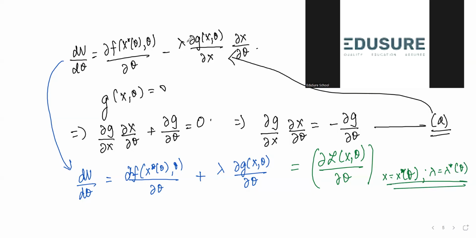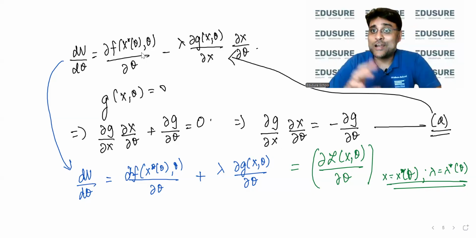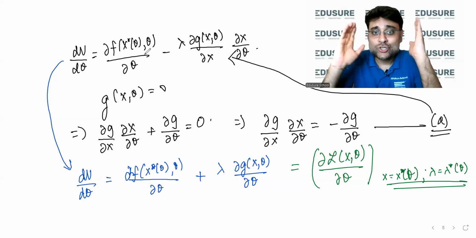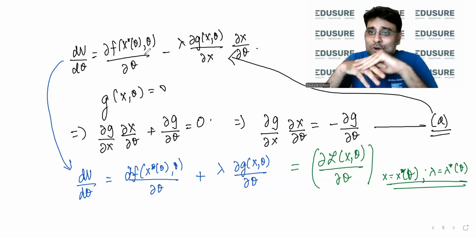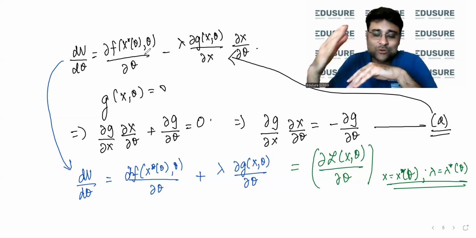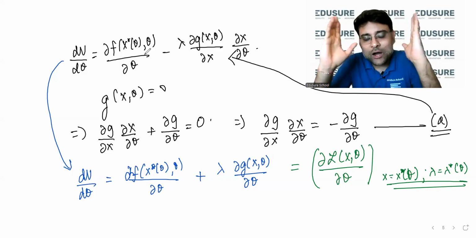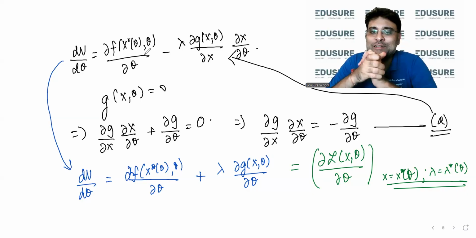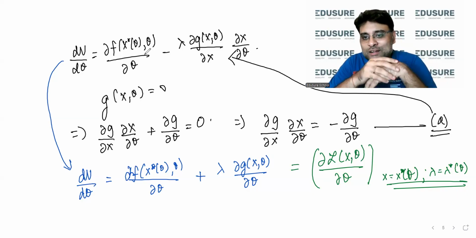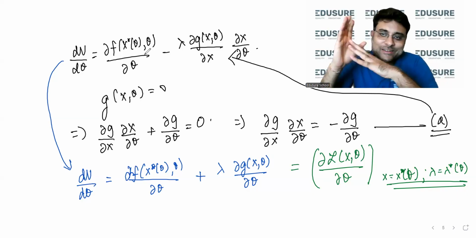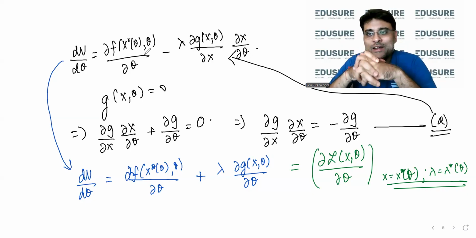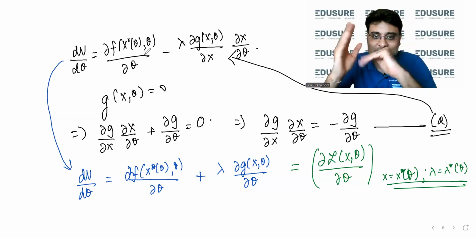Now, why did we study this? What is the interpretation of this? The interpretation is this, that this result basically shows us that the derivative of the value function V with respect to the parameter theta can be found simply by taking the partial derivative of the Lagrangian with respect to theta. Okay, and obviously it is evaluated at the optimal values of x and lambda.